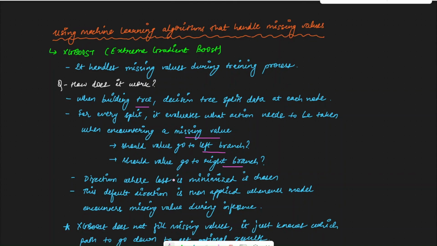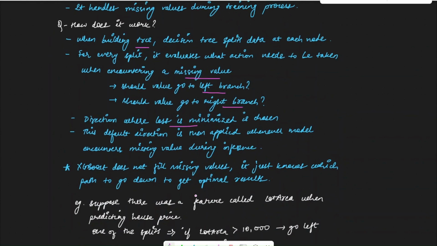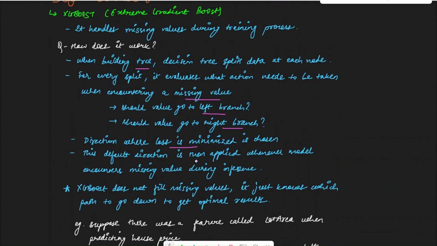It is decided on the basis of which branch leads to lower loss. This is the default direction that is learned while training, and when XGBoost encounters a missing value during the inference process, then it knows what it had chosen at the time of training, and that missing value would go down the default path.